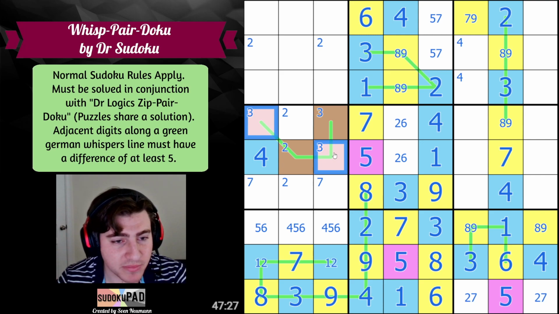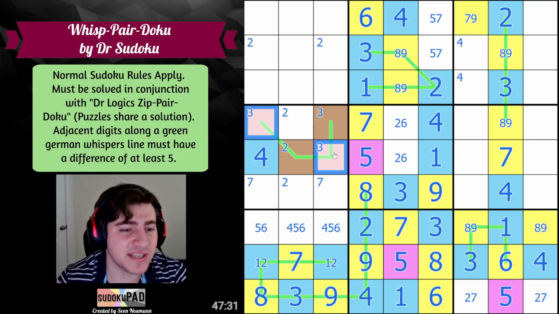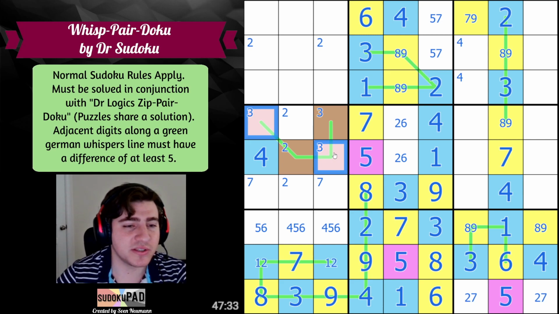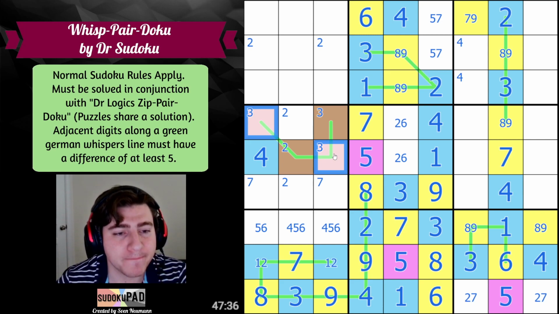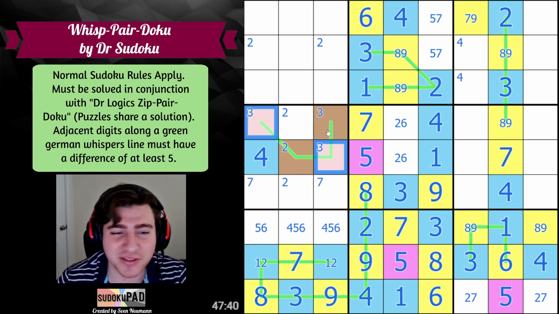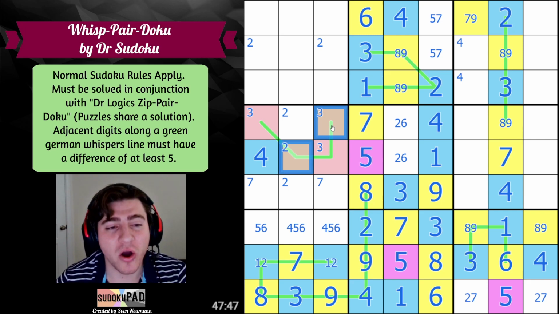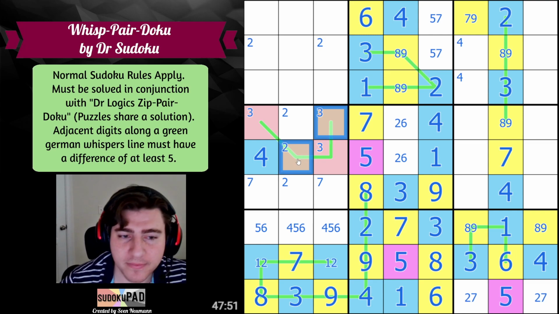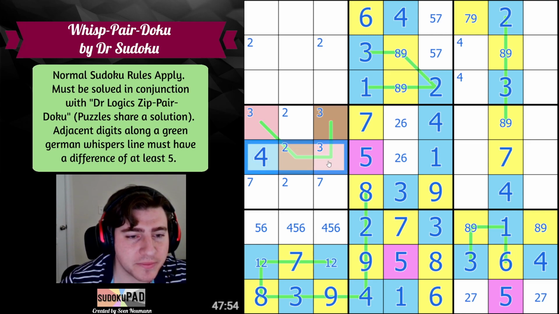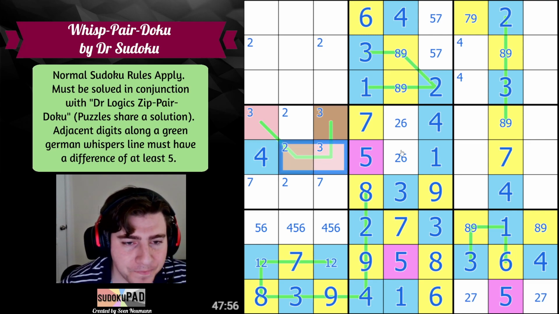Maybe I've just missed something, but I don't see anything that is seen by enough digits to tell me parity information. Cell one and cell six are a knight's move apart. And then in box four, the ones that are the opposite parity are cells three and five. Cells three and five are opposite parity.